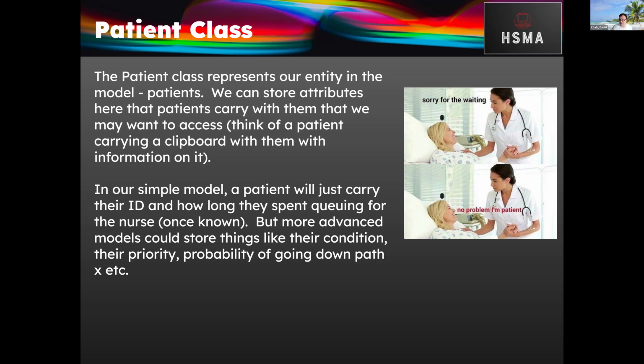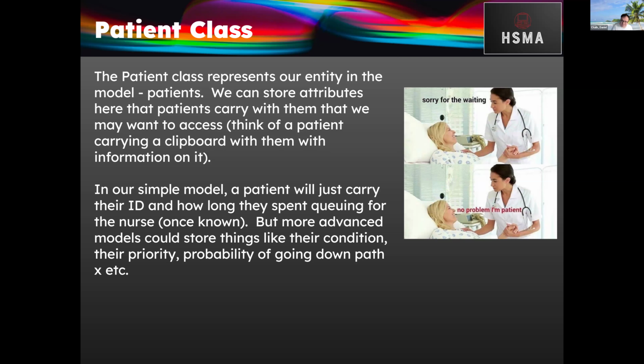So if your entity is a blood test result, it might be called blood test, or whatever it is. But let's just, for the moment, imagine we're building our little simple model. So here we've got our patient class, which represents our patient entity. And we store attributes here that the patient is carrying around with them that are unique to that patient.